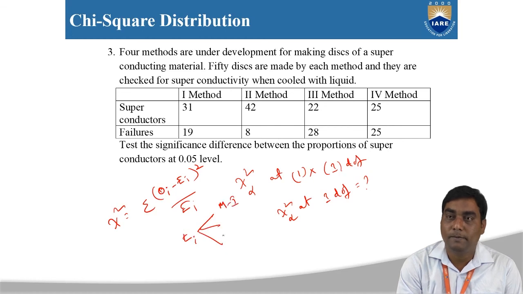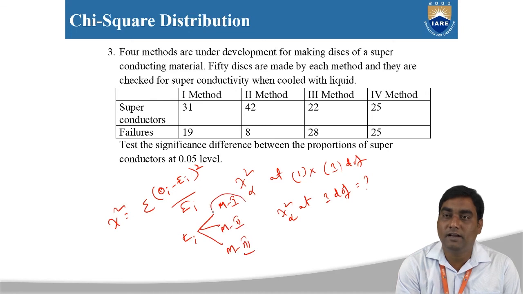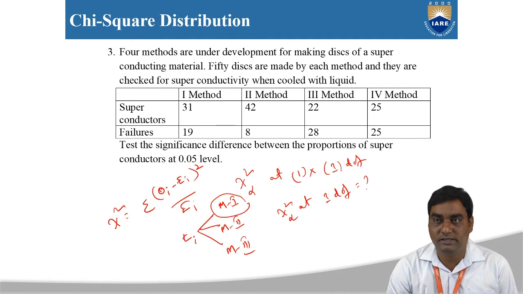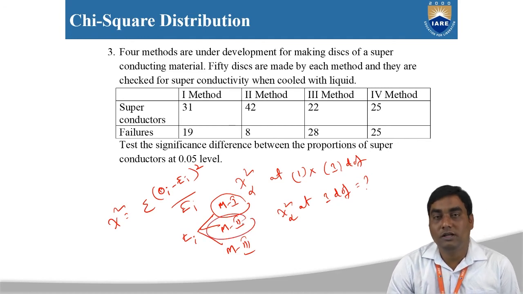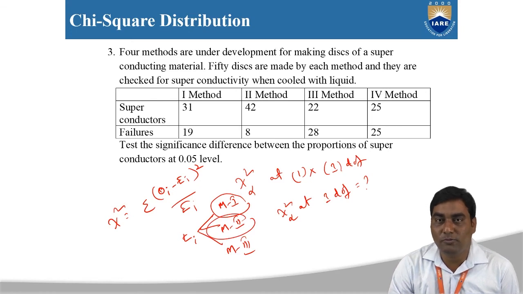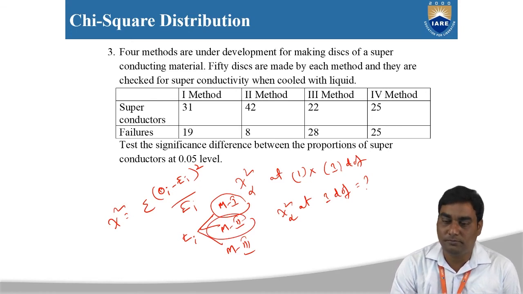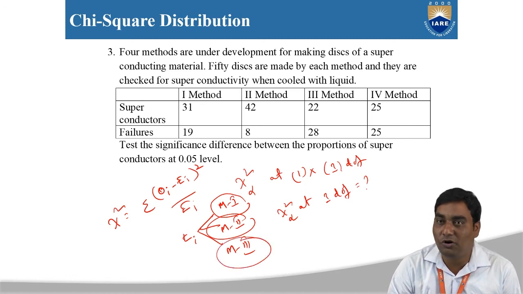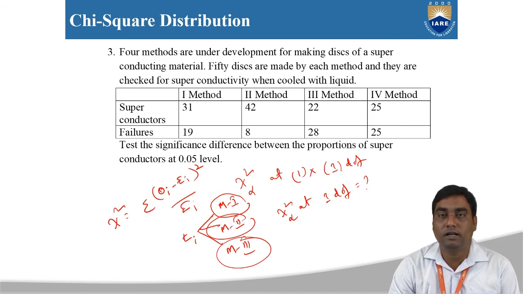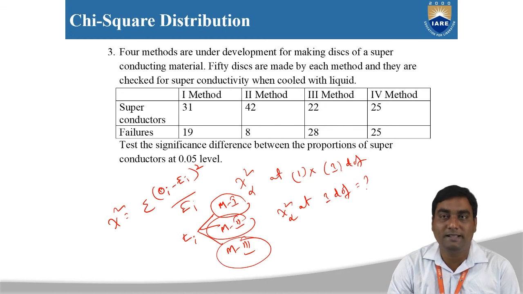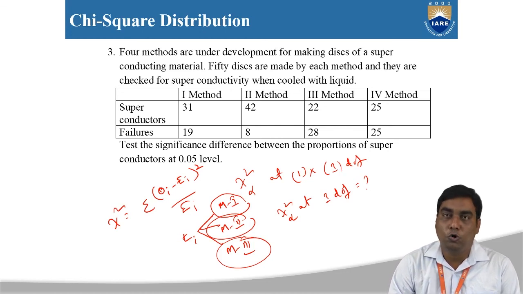In method 1, we calculate the expected frequency by using the average of all observed frequencies. In method 2, we find the expected frequency by using either the binomial or Poisson distribution, depending on the problem. In method 3, we find the expected frequency by using corresponding row total into corresponding column total by grand total. This is the only difference for all 3 methods in the chi-square test. Okay, thank you.